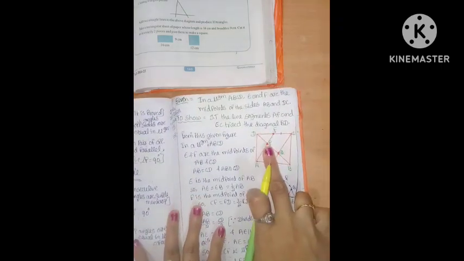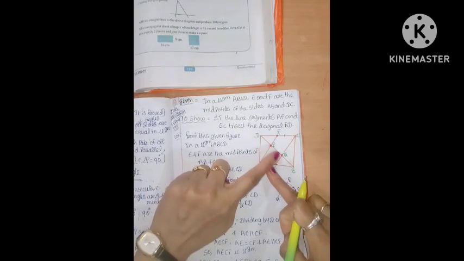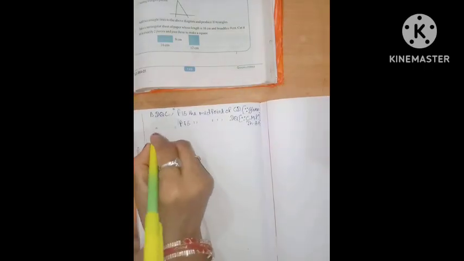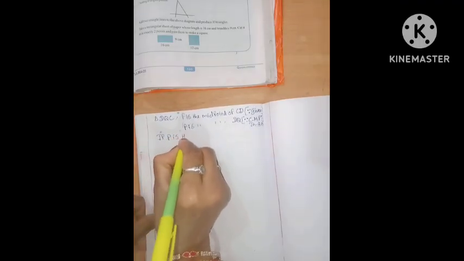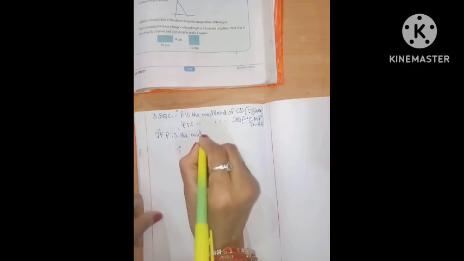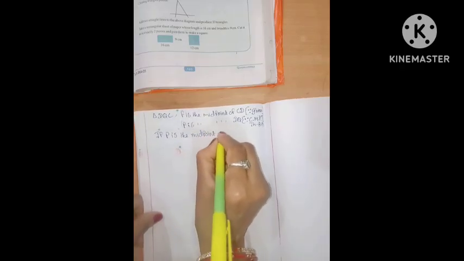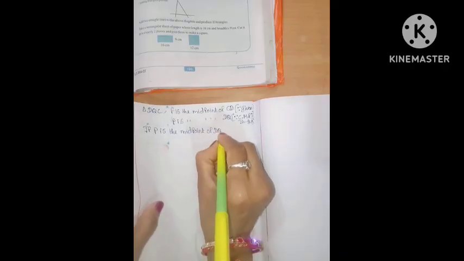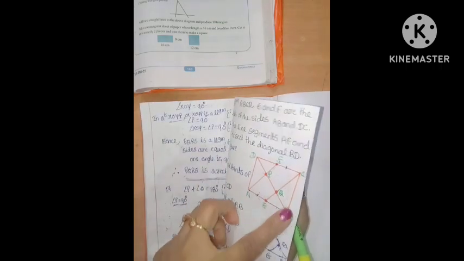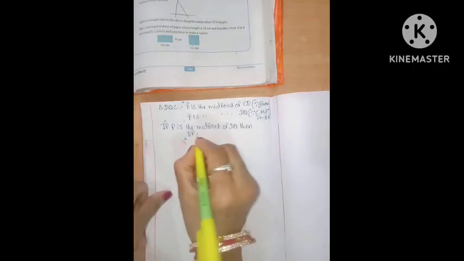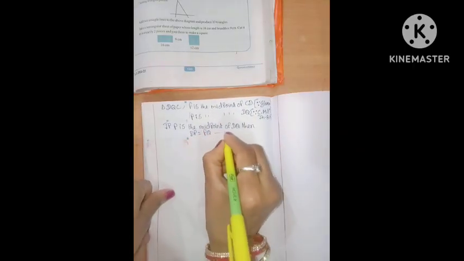Here, if P is the midpoint of DQ, then DP equals PQ. This is equation number 2.